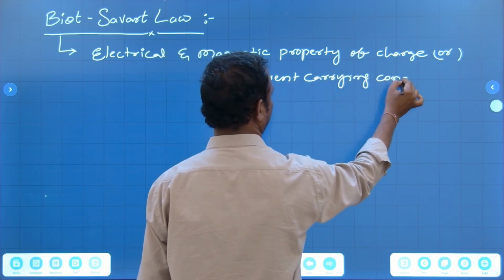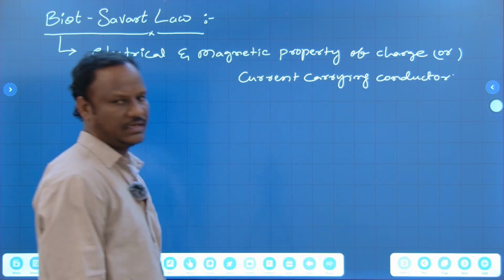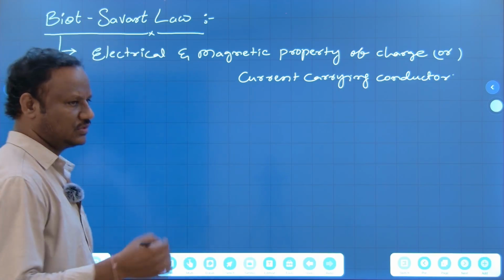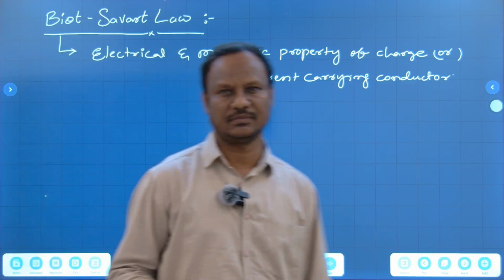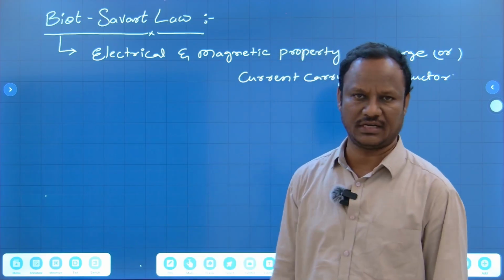When current is passing through a conductor, it means charges are moving inside the cross section of the conductor.